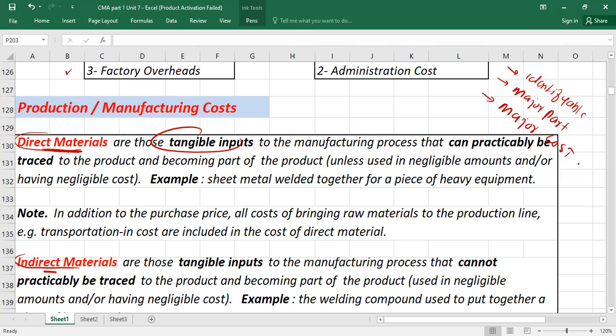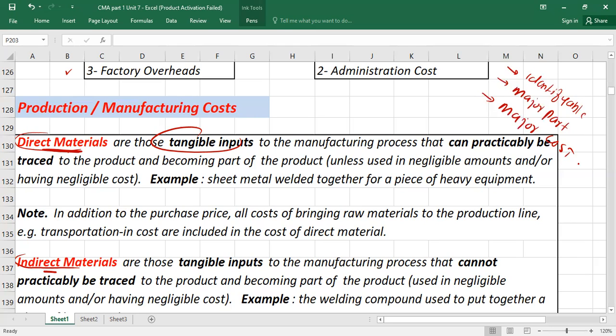Major cost, but the thread cost is not major as compared to the whole shirt. So then obviously one condition is missing now. So what we will say? We will say it is an indirect material. If all three conditions are met, it's identifiable, it's a major part of the product, and it has major cost also, right? So we will say it is a direct material, otherwise we will say it is the indirect material.